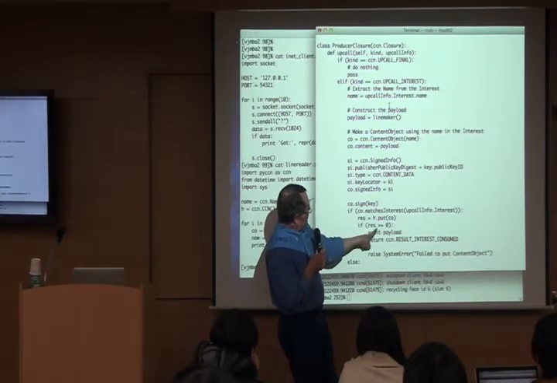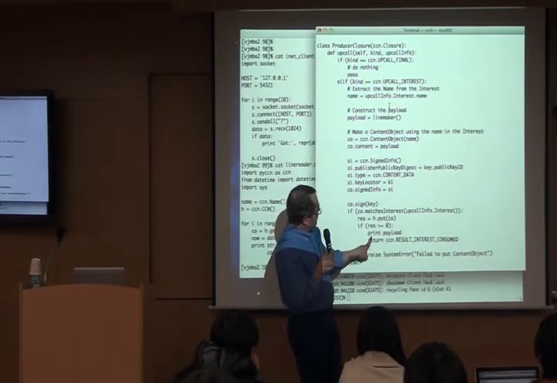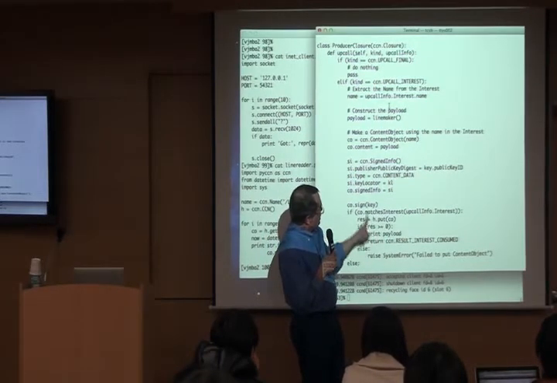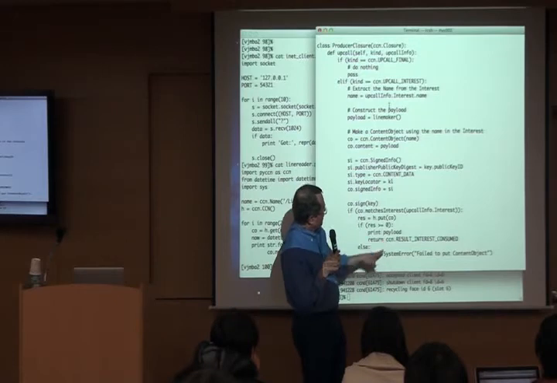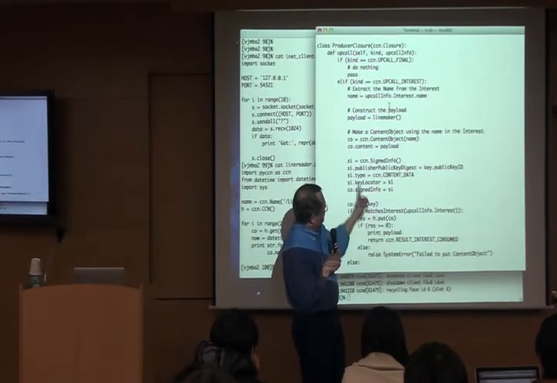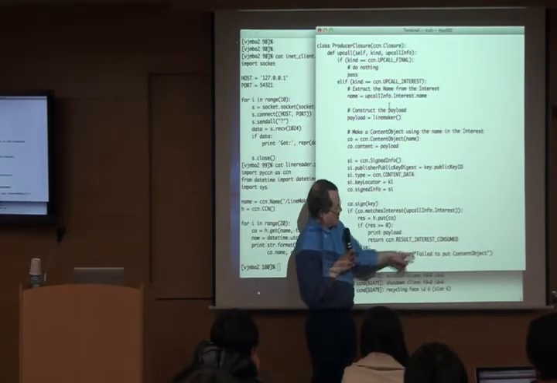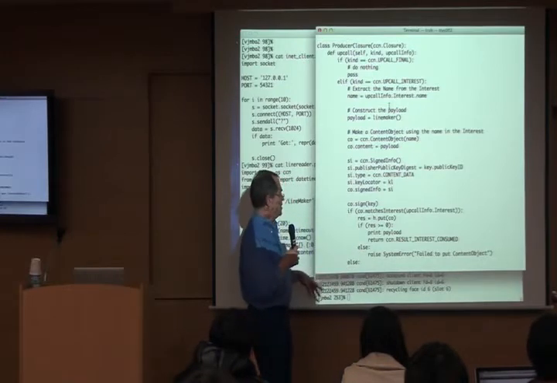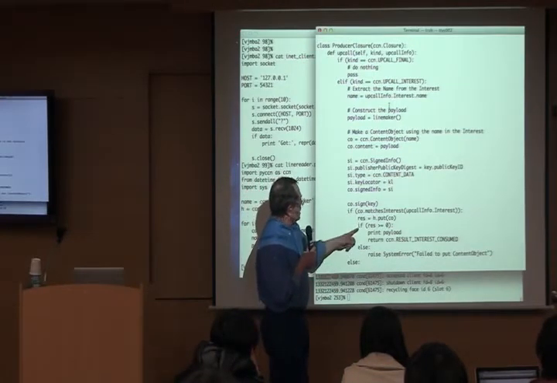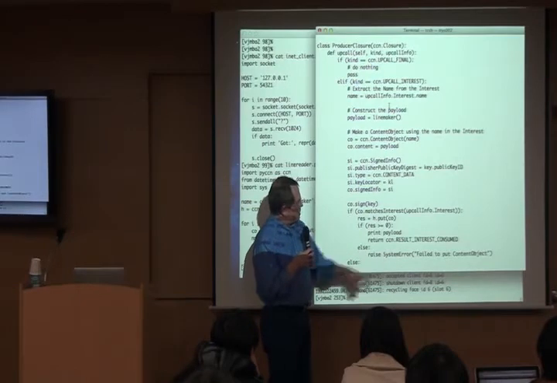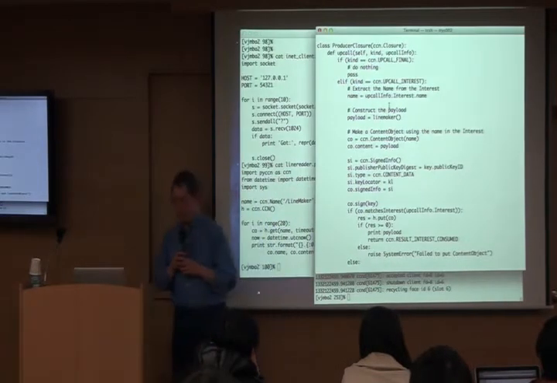If you didn't get any errors, you can put it in a print so you can see that this server actually generated the message. Then it returns to the run loop, saying it consumed the interest. It's not done with that interest. If it got an error, then it's going to put out an error message.